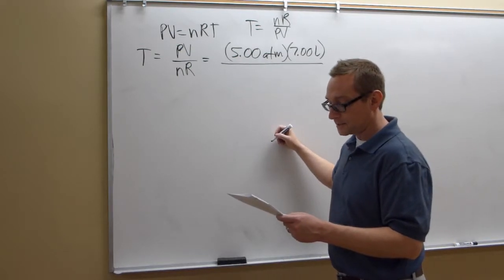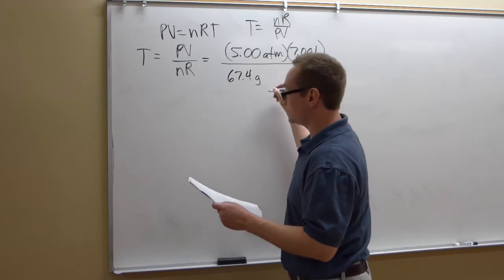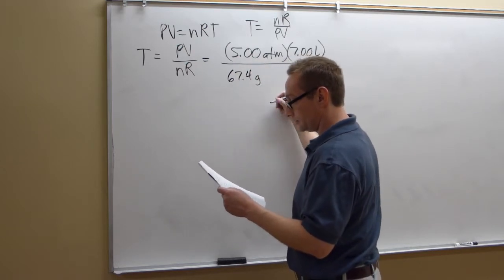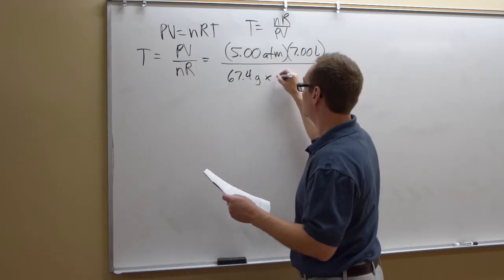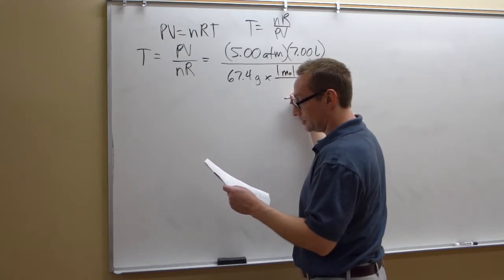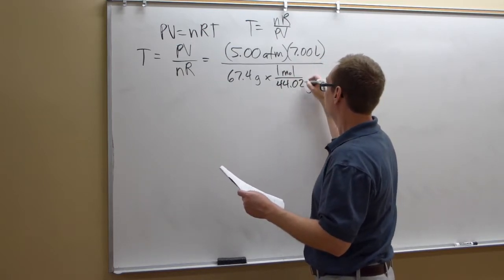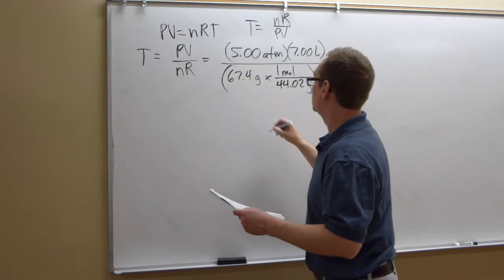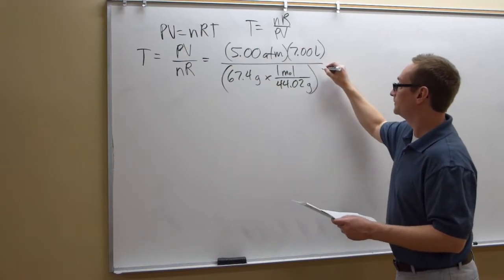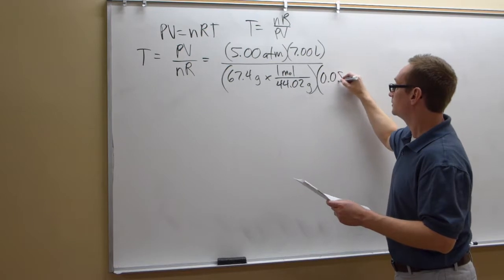It gave us a mass of the gas, so it's just 67.4 grams divided by the molar mass of N2O, which is 44.02, and then times the constant R.